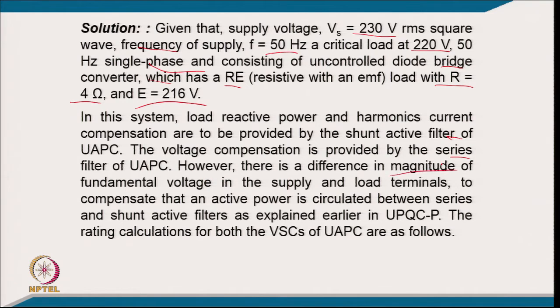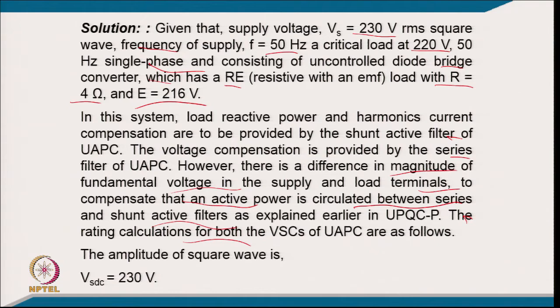However, there is a difference in magnitude of the fundamental voltage at the supply and load terminals. To compensate for that, active power is circulated between the series and shunt active filters, and the rating calculation for both VSCs of the universal active power conditioner is as follows.